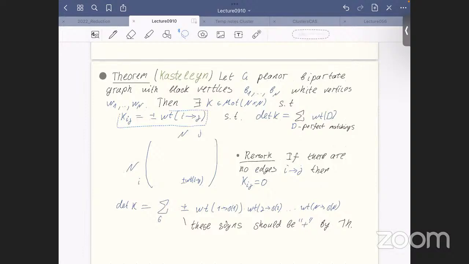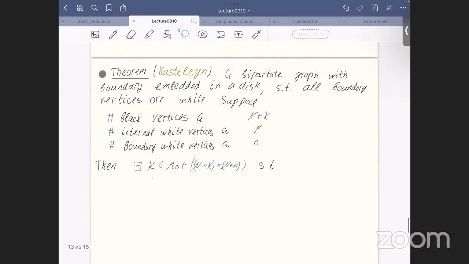Kij is plus or minus the weight of the edge from i to j.